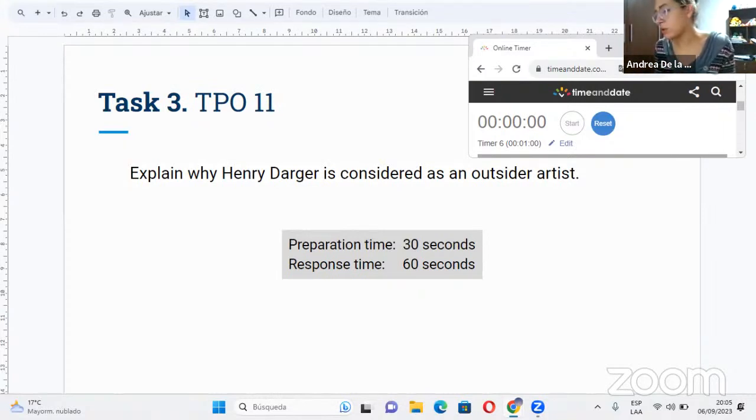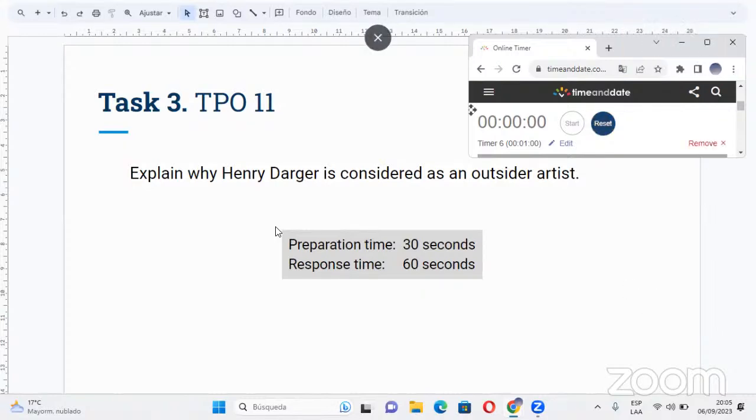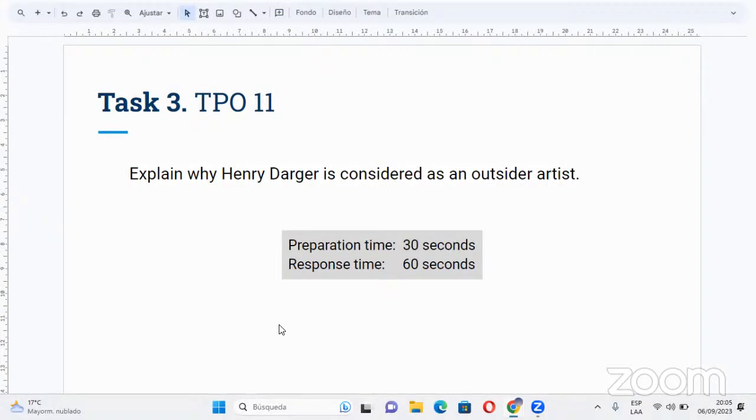Either you use the simple present or you can also use the simple past, right? He had no formal education, he lived outside of society, his work was very unconventional, but don't mix the tenses. When you mix is when the error appears. Okay? Yes. Like that, and some transitions.